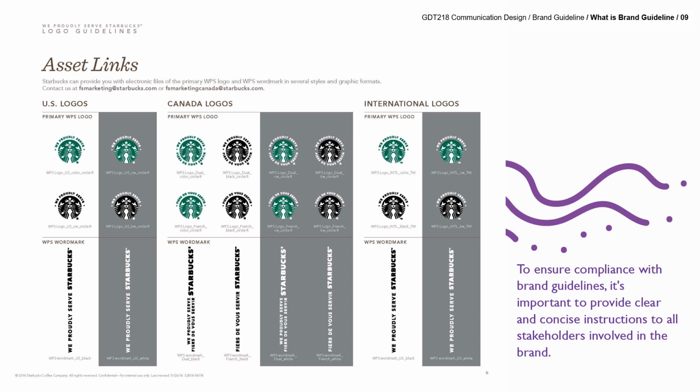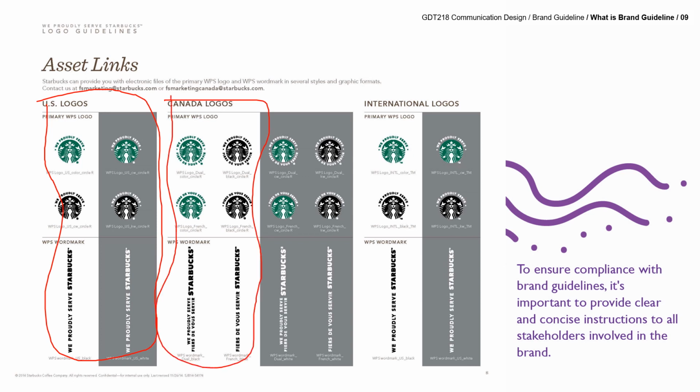To ensure compliance with brand guidelines, it's important to provide clear and concise instruction to all stakeholders involved in the brand. This is an example from Starbucks. They explain specifically how the brand application applies for each stakeholder involved with the brand.